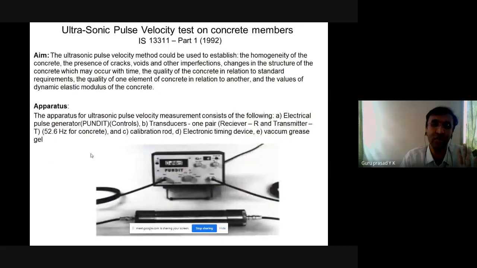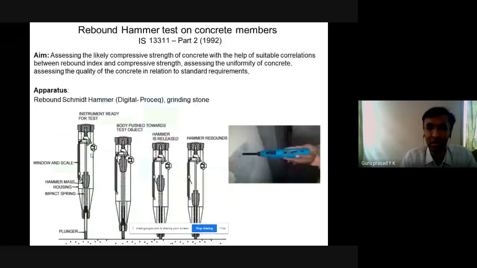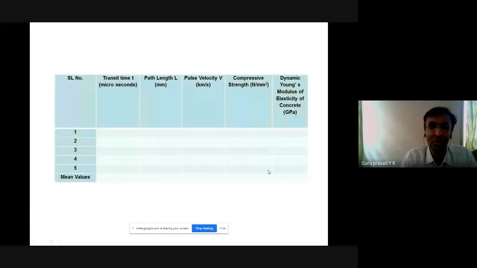You can't take only one value and say, okay, I've done it. No, you need to have a mean value of your transit time. Path length is going to be constant. For pulse velocity, you are going to take the mean value. And based on that, you can also find the mean value for your elastic modulus and for your compressive strength.